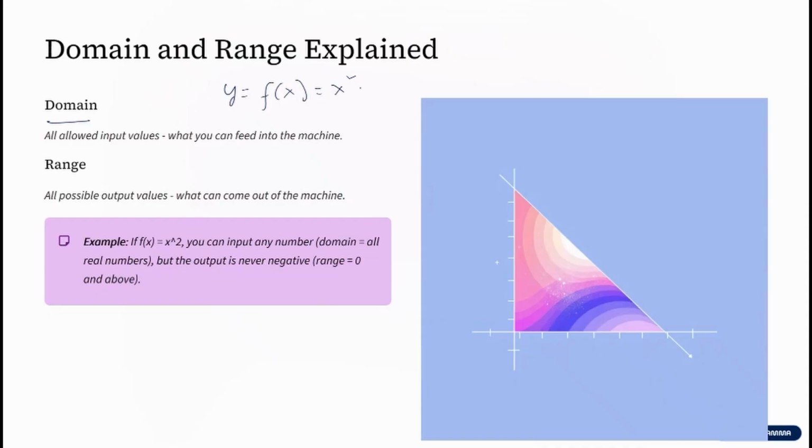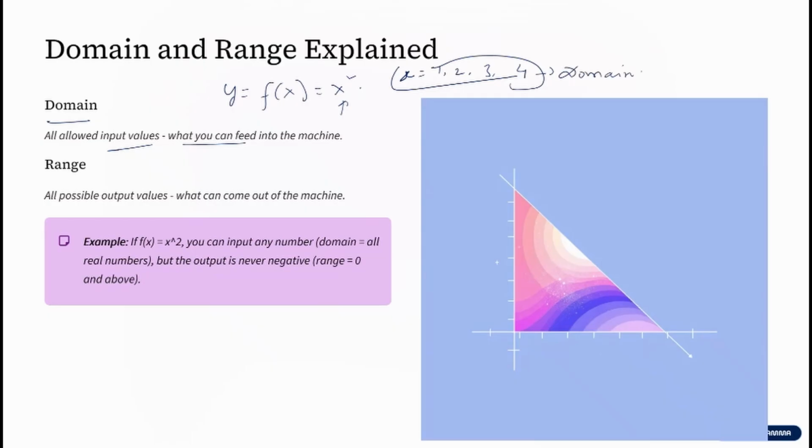The concept is all allowed input values that we can feed into the machine. Input values means the values that we can give to x. In the previous example, we gave the values x is equal to 1, 2, 3, 4. So we consider these 4 values to be the domain.